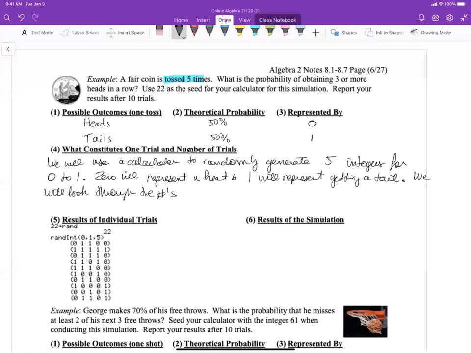Let's see, and see if 3 or more zeros are present in a row, actually.